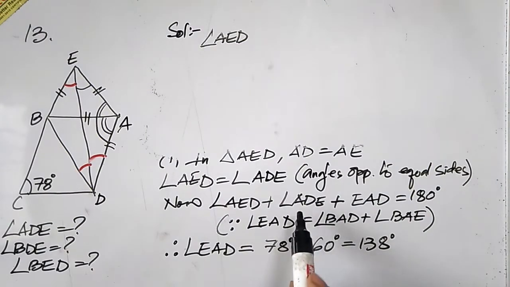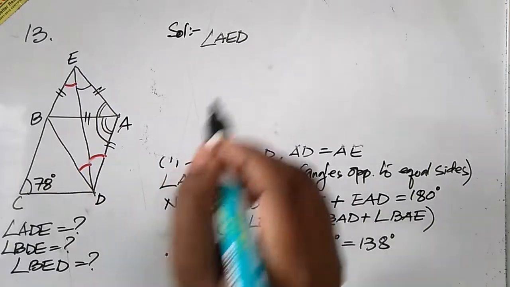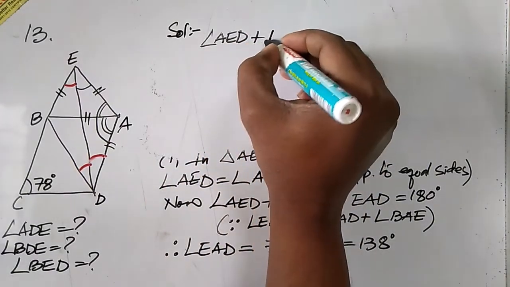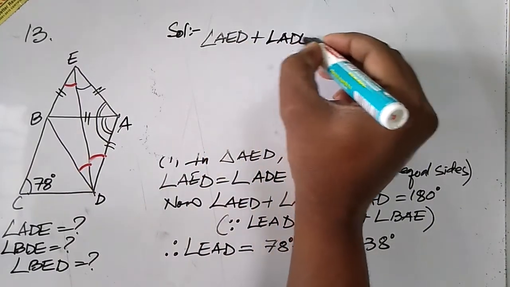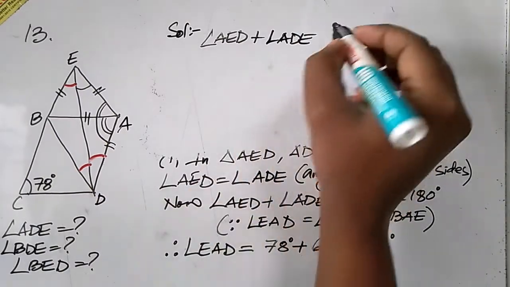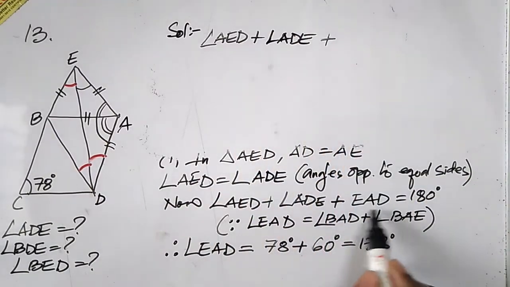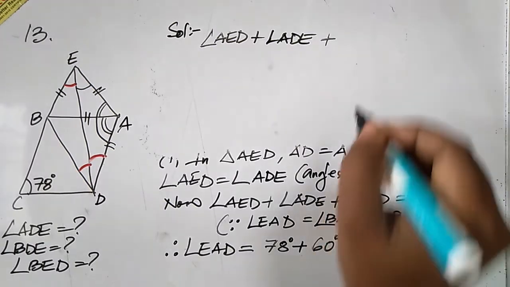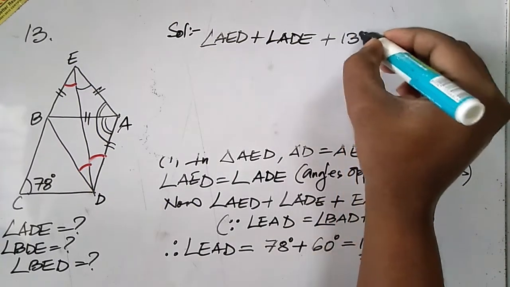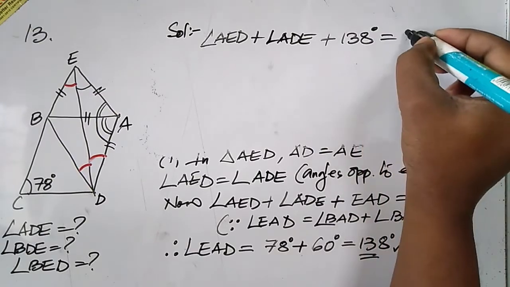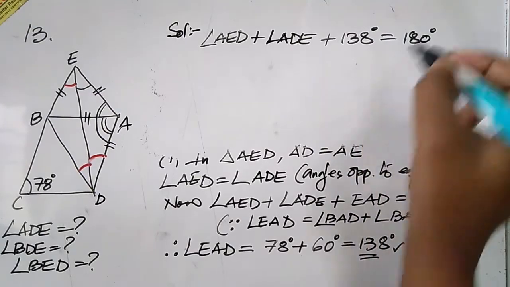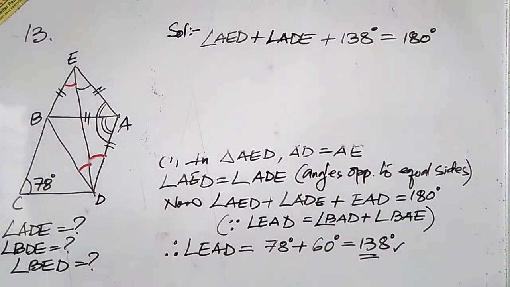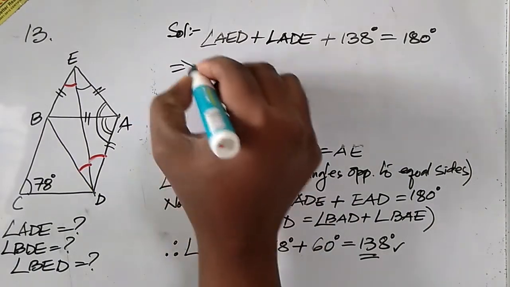Angle AED plus angle ADE plus angle EAD. We just found the value of angle EAD, that is 138 degrees. So the sum of these three angles should be how much? 180 degrees. Okay, let us simplify it further.